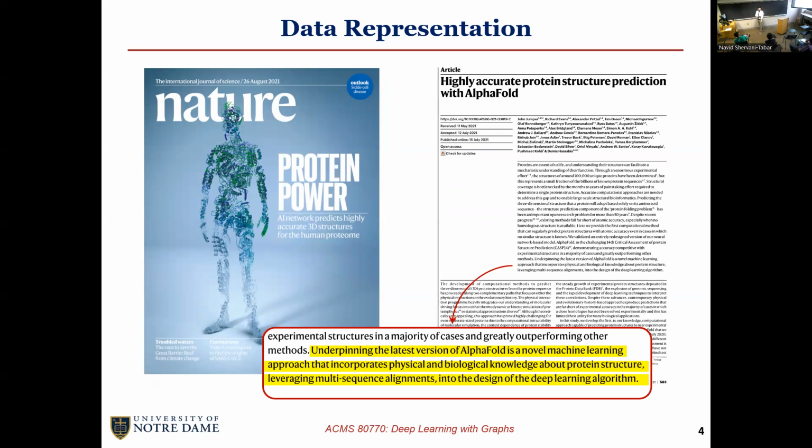Graph deep learning is right now on the frontier of deep learning. They're doing some very amazing things. Very recently, less than a year ago, a paper came out from DeepMind. The model was called AlphaFold, and it was using deep learning to predict the shapes of proteins.